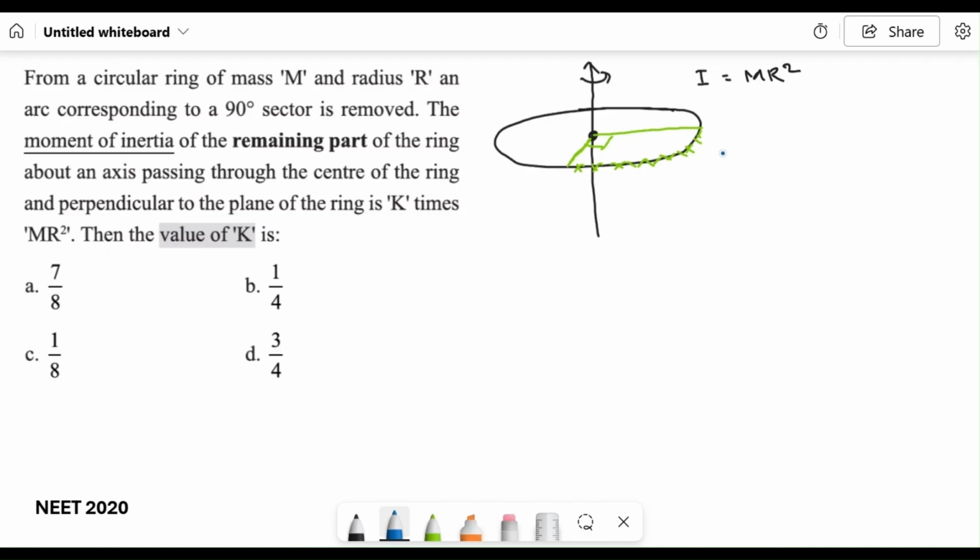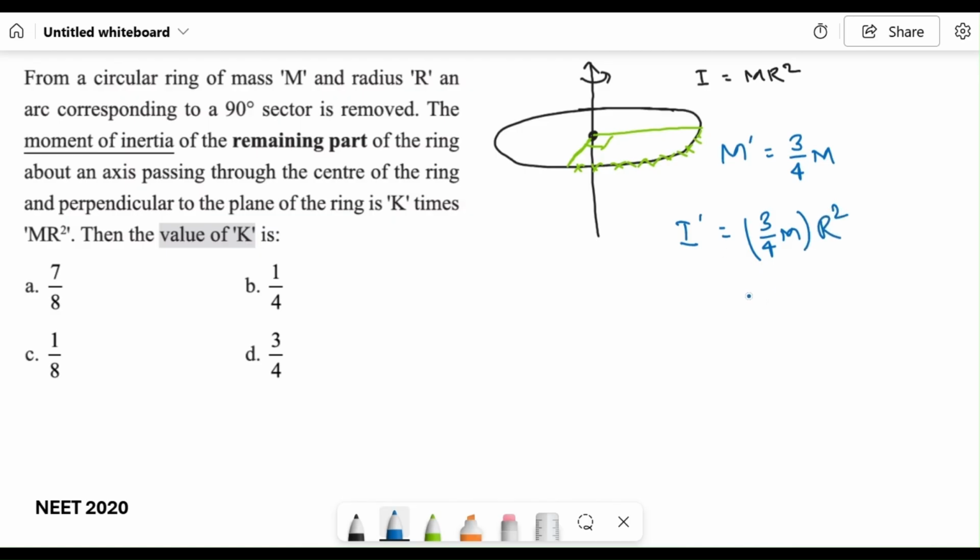Now we have a new mass, let's say m prime. This new mass is 3/4 of its original mass. Then the new moment of inertia will be 3 by 4 m r square.